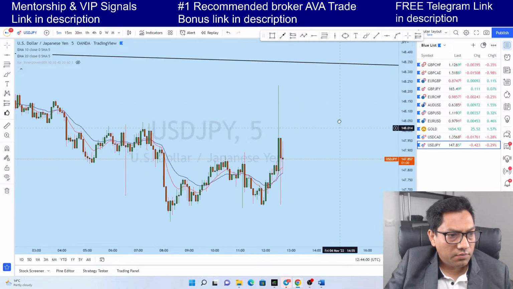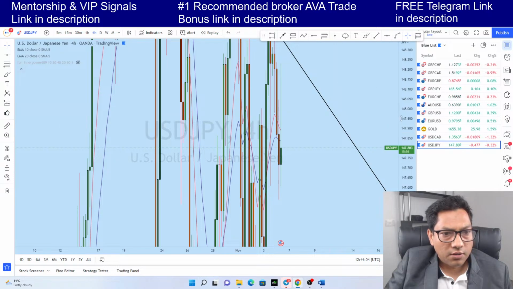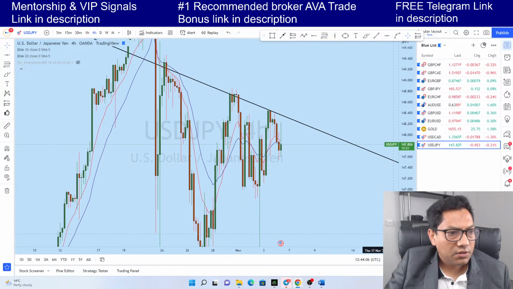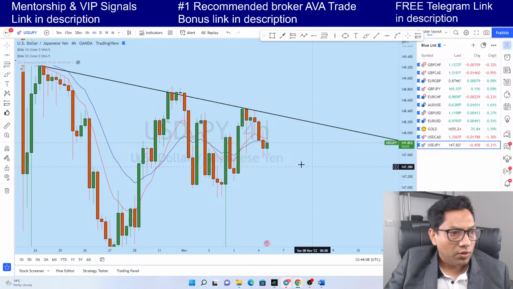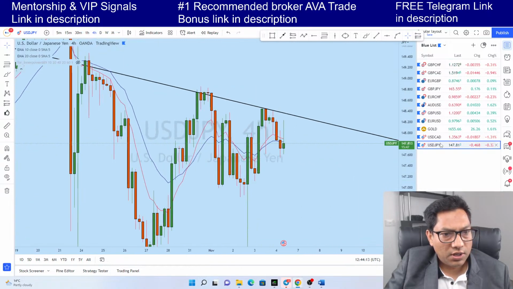Look at the dollar yen. So dollar yen has created both-sided price action. It's still looking like bullish price action. Based on how it does, we'll see.